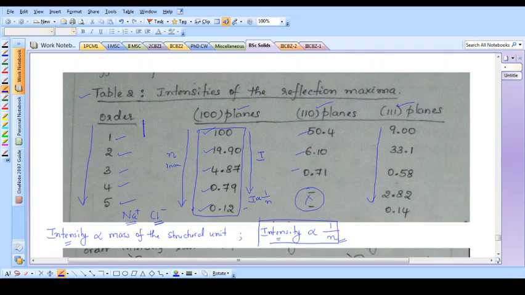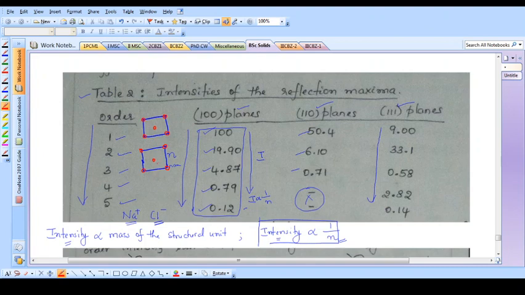Okay, for example, this is just an example I am giving. This is a 100 plane. So if you have an arrangement something like this in the 100 plane, this is the arrangement of ions in a 100 plane. If I consider the next 100 plane, the next 100 plane should also contain the same arrangement of ions. So if I add up the mass of all the atoms present in one 100 plane and the other 100 plane, they are the same.